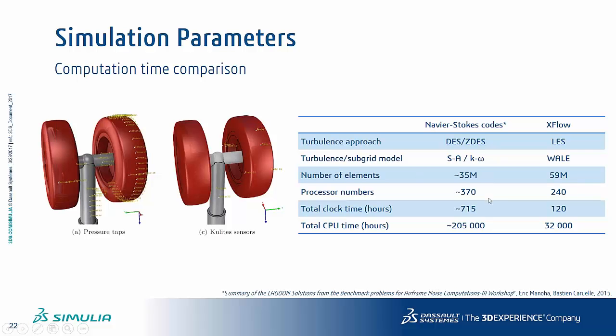And what is important really here is the last line where you can compare the computational costs of different codes, Navier-Stokes codes compared to XFlow, which was only 32,000 CPU hours, whereas the other codes were mostly using about 200,000 CPU hours. So that's about a factor of 10 longer, and that's for DES simulation results.